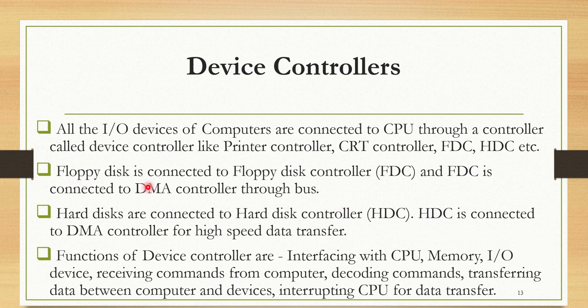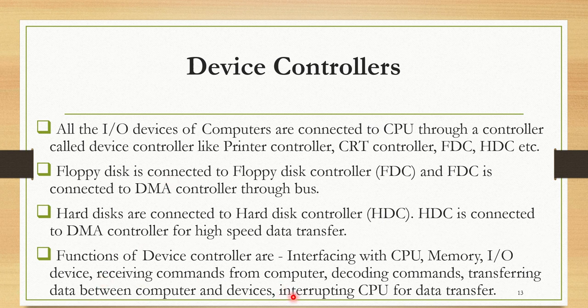Similarly, the hard disk is connected to the hard disk controller, and that is connected to the DMA controller for high-speed data transfer. Similarly, all I/O devices are connected to the computer through a device controller.